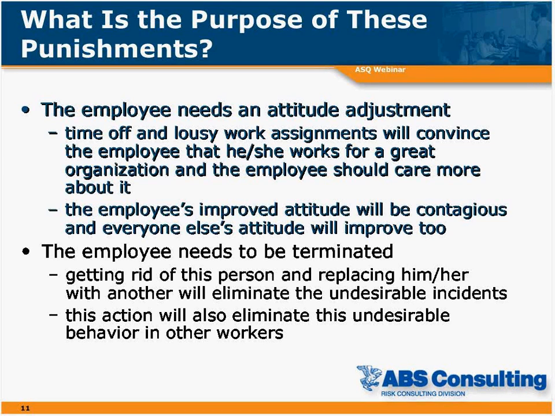Time off and lousy work assignments are going to convince this person that they work for a great organization and the employee should care more about it. I'm positive that that's what it is. I know that that employee's improved attitude is going to be contagious, and everybody else's attitude is going to improve also. I'm sure that that's how it'll be.